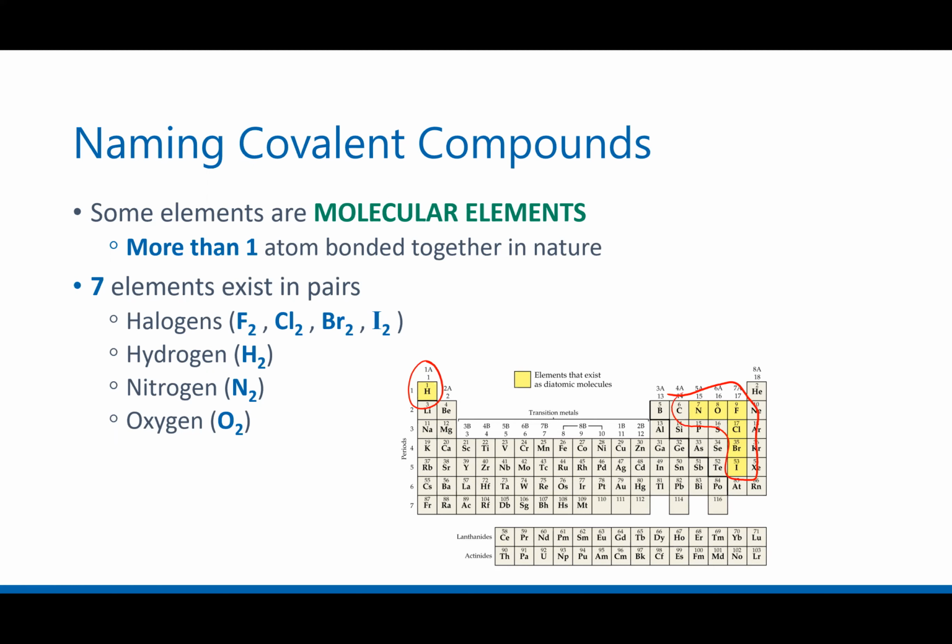So instead of making the names complicated, we just call them their element names. Often in nature, nonmetals aren't found alone. They're found grouped together in small compounds that we call molecular elements.